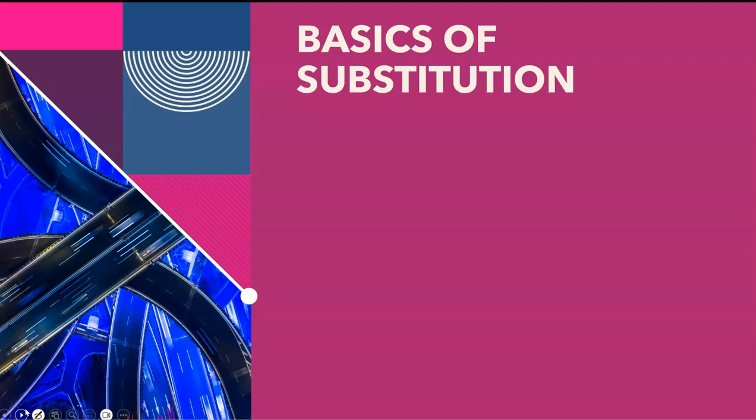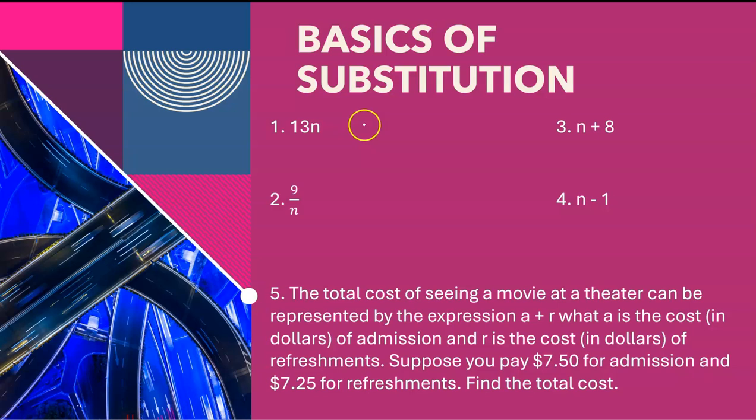Let's start with some basics of substitution. Substitution is when we have figured out a possible value of a variable. In these examples, we have the variable n in each expression. Therefore, if we are given a value for n, we can substitute, or put in its place, that value in order to identify how much this expression is worth.